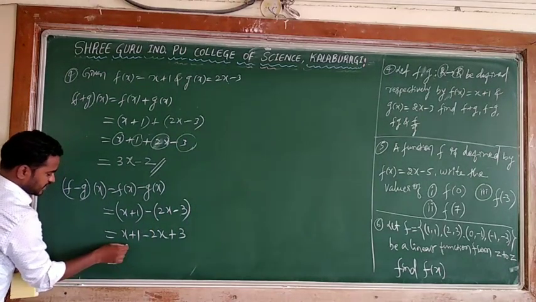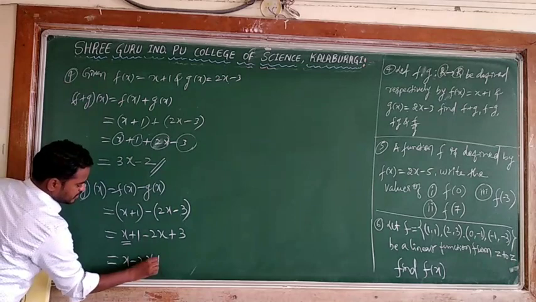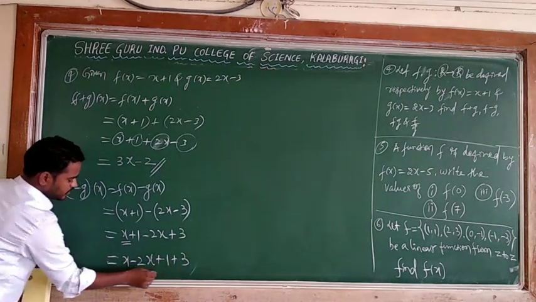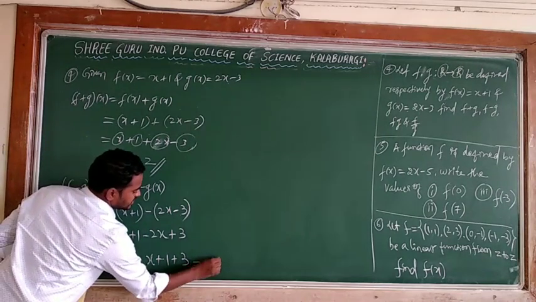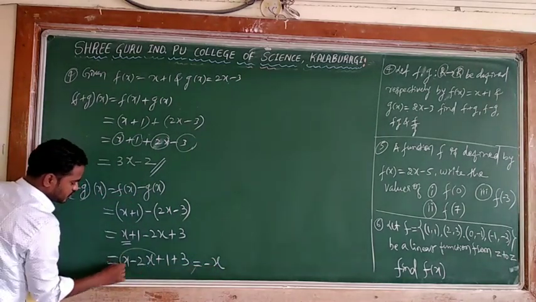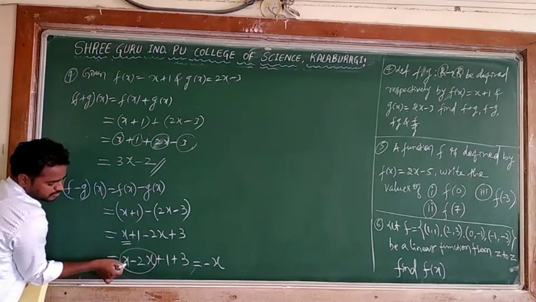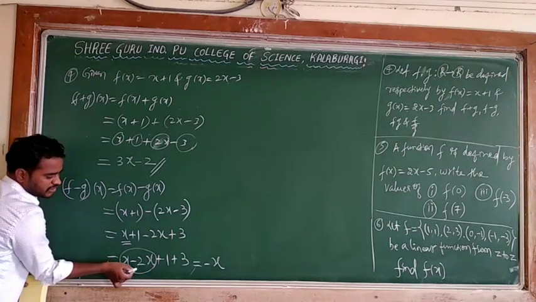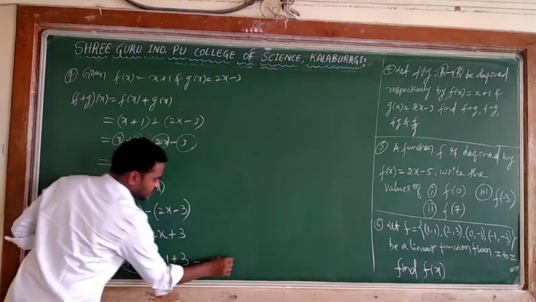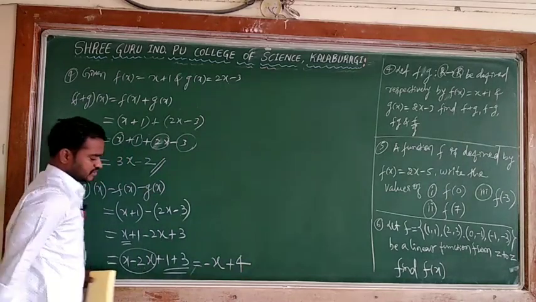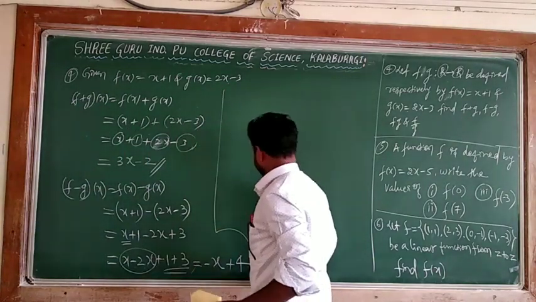So I can say x minus 2x plus 1 plus 3. Constants I took on one side, variables on one side. X minus 2x is what? 1x minus 2x, minus 2x is bigger compared to x, so the sign of the bigger one applies. So x minus 2x is minus x. 1 plus 3 is what? Plus 4. This is the subtraction.